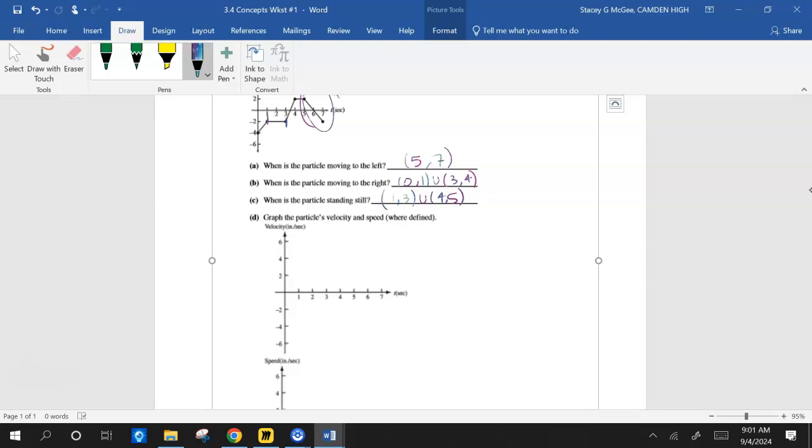I'm not going to go back over those graphs right now. 13, 14, 15.